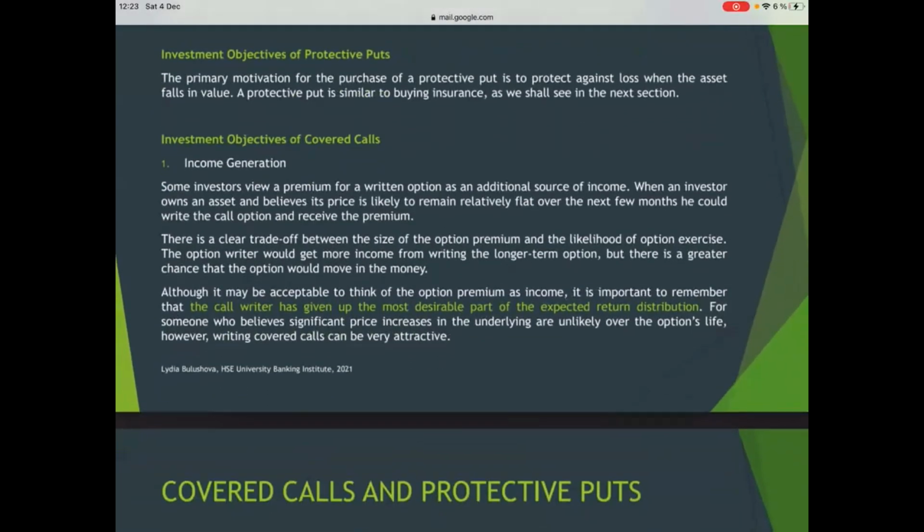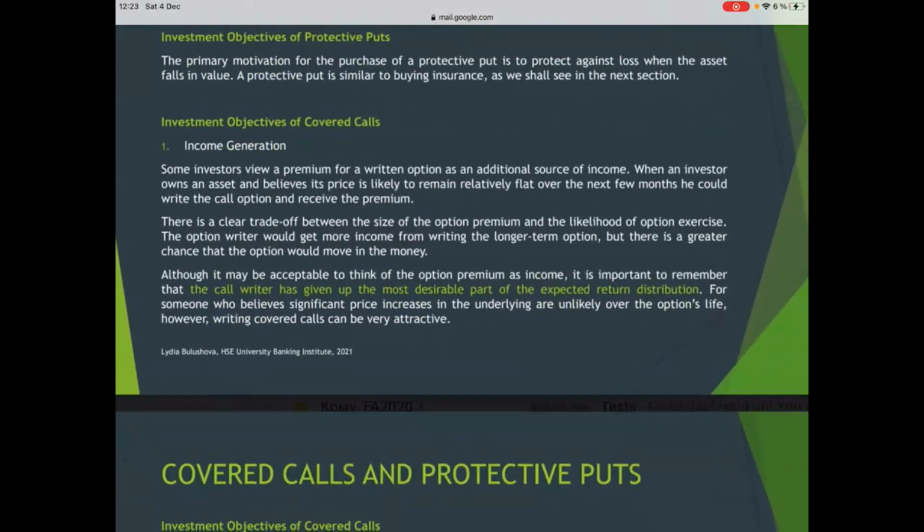If I know for sure that an asset is going to cost 100, that's a fact, and the price is 99, who would pay a great amount of money to purchase an option that gives the right to purchase the asset for 100? We all believe the price will be 100 tomorrow. What do I need an option for?